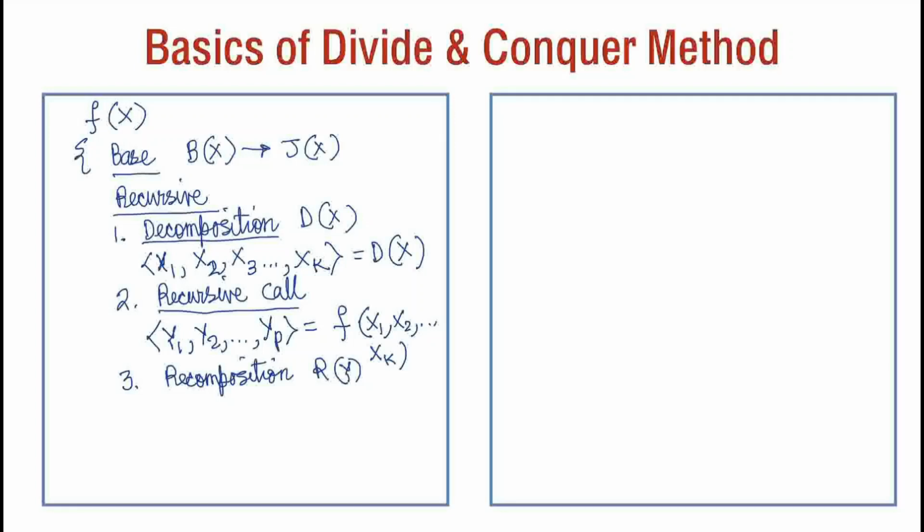That means as soon as these k solutions are returned, they are recomposed into z1, z2 up to zp, equal to a recomposition of y1, y2 up to yk.